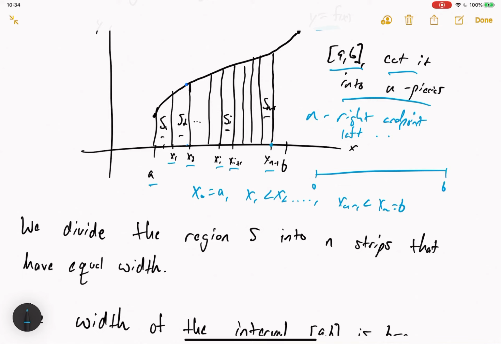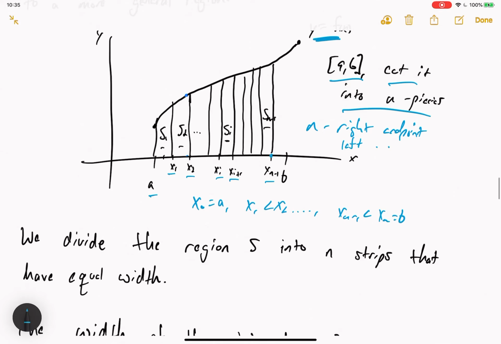If you want to cut it into pieces, each cut, you could call the first cut x1, the second cut x2, and so on. And all these inequalities really mean is that one cut is a bit more to the left than the other. So far that's kind of weird, but the idea is we want to define our rectangles nicely.